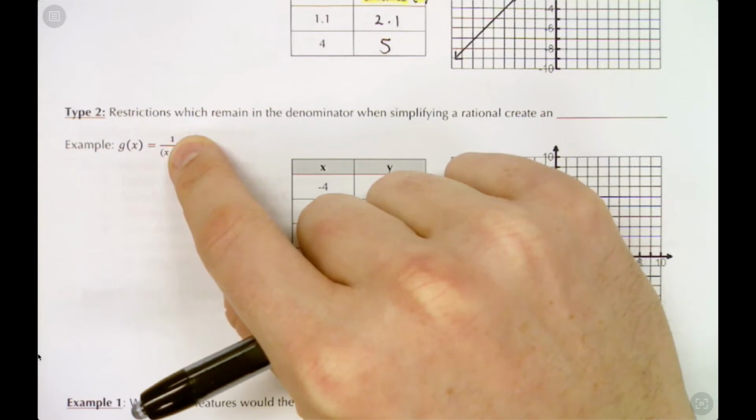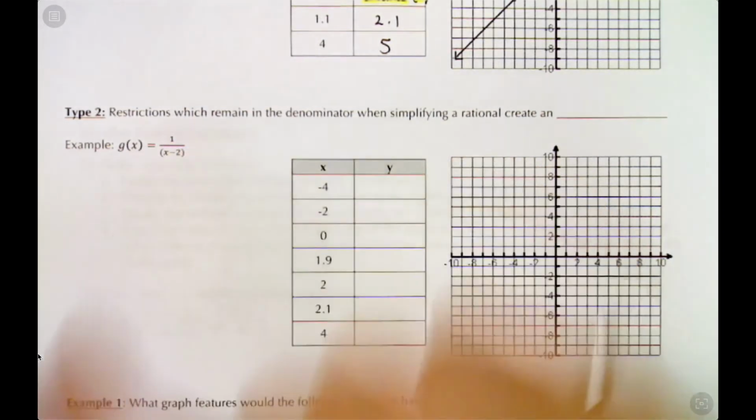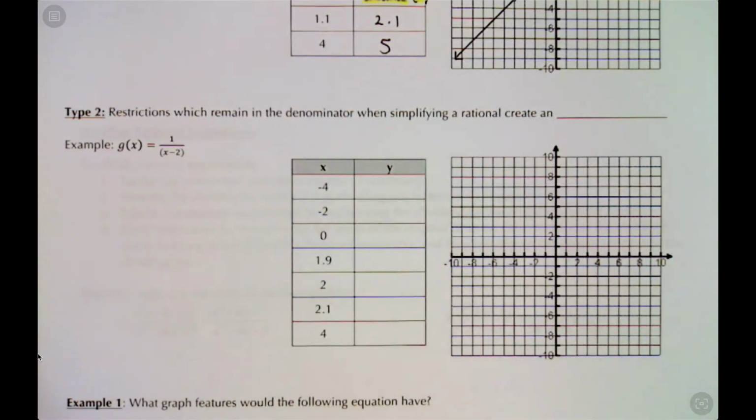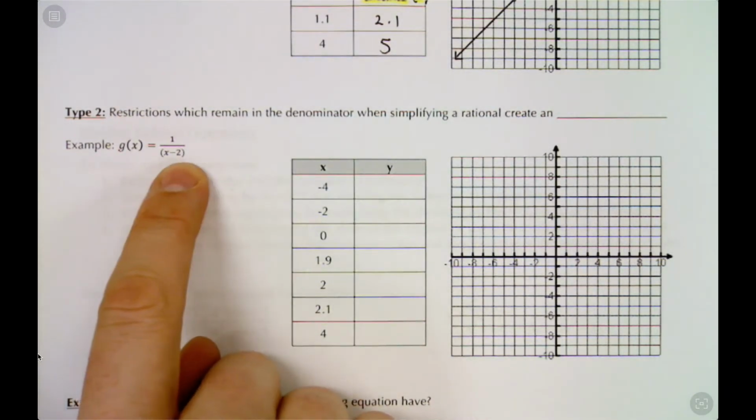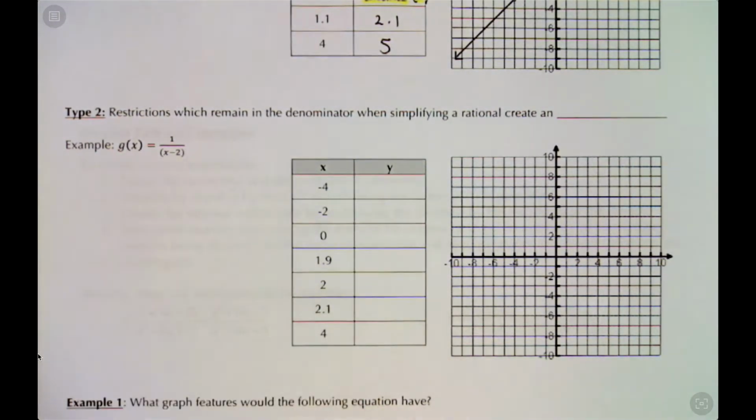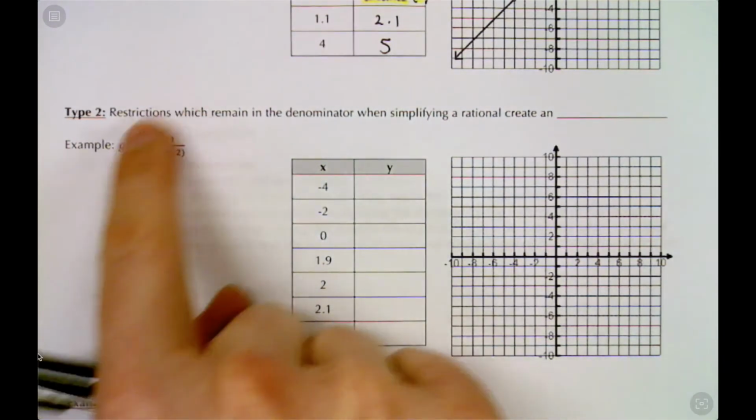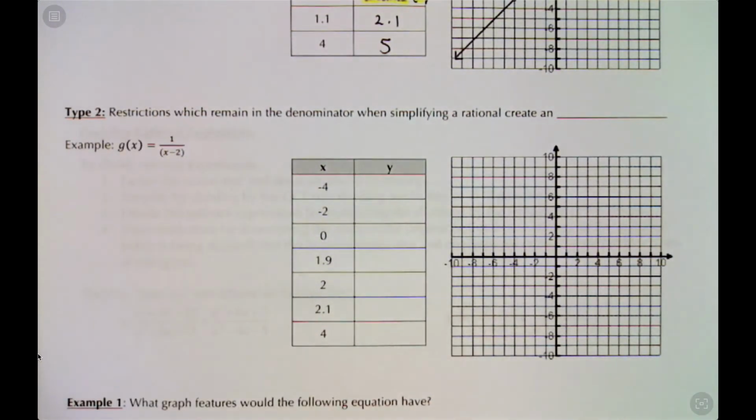The only difference is that we have this minus 2 acting on x, which is just a transformation of the original parent function. And since it's being subtracted from x, that's a shift to the right of 2. So what you would expect from a graph of this function is the original parent function 1 over x shifted to the right 2. And that's something we kind of explored in the last unit.